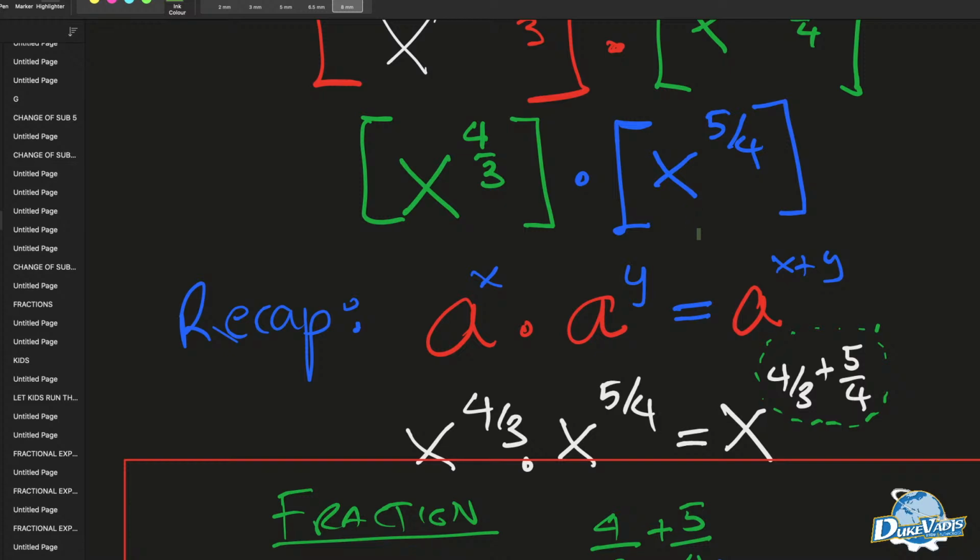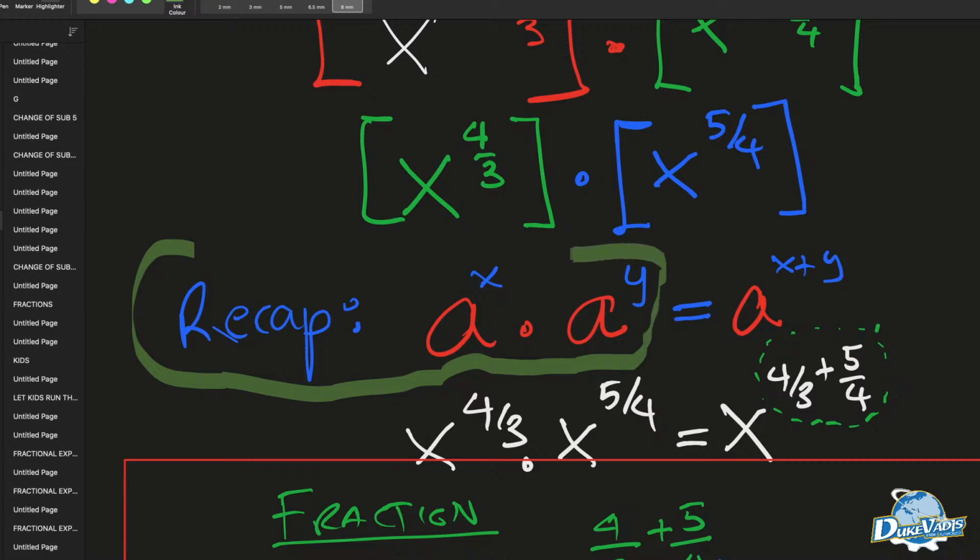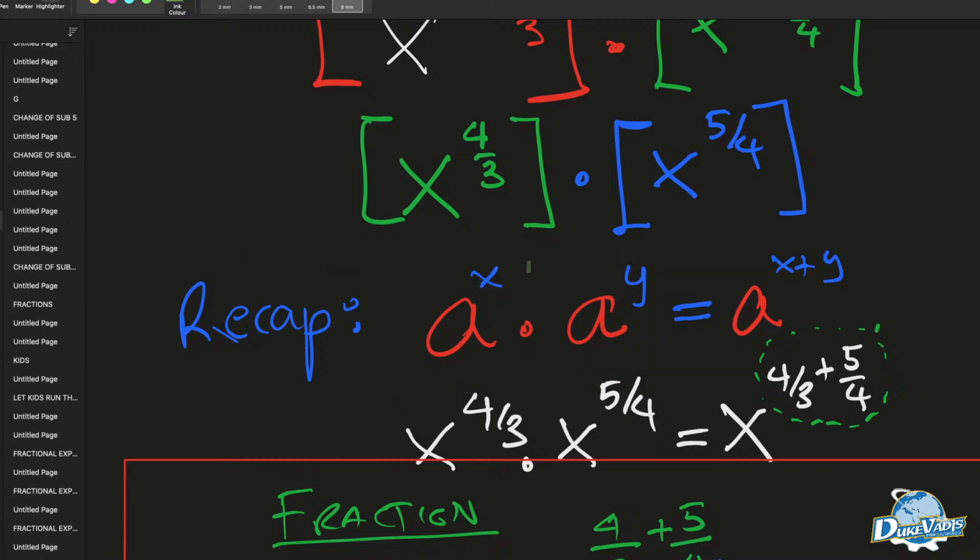So we recapitulated that when we did the principle of indices, we saw that a raised to the power x times a raised to the power y, as far as they are multiplying, means the right hand side will be the summation of x and y. That is the reason why we have a raised to the power x plus y.